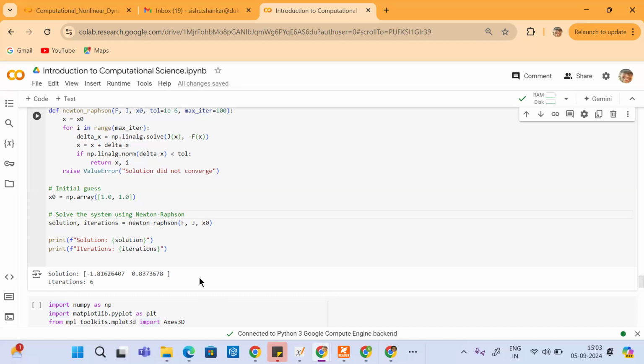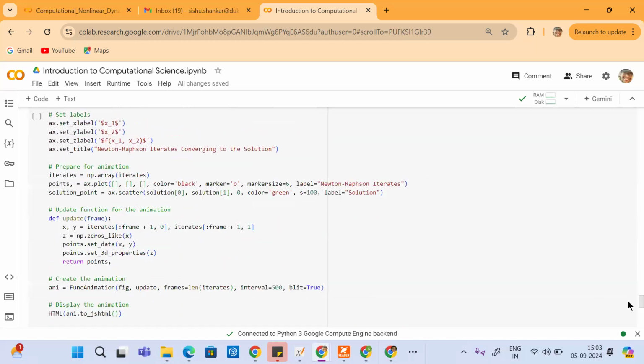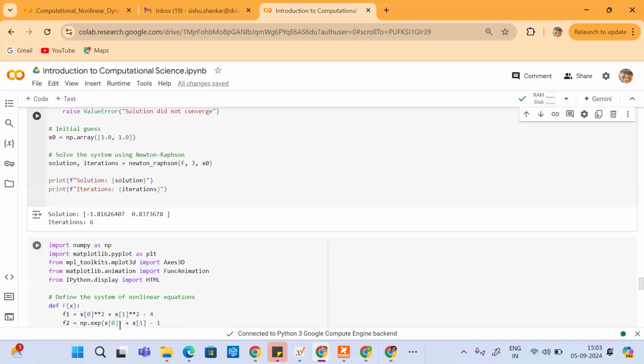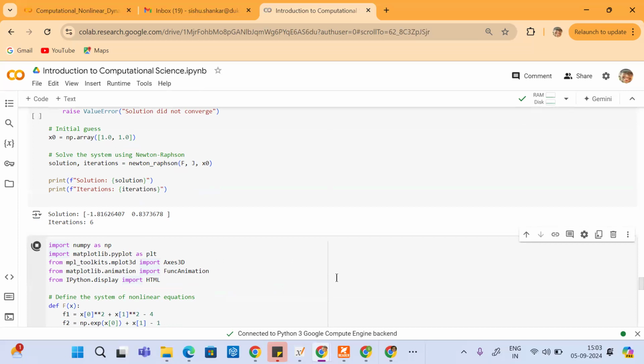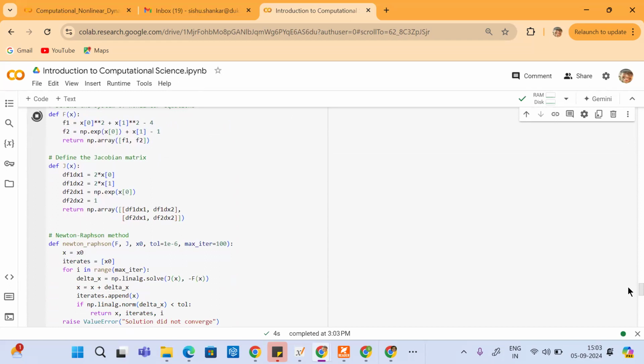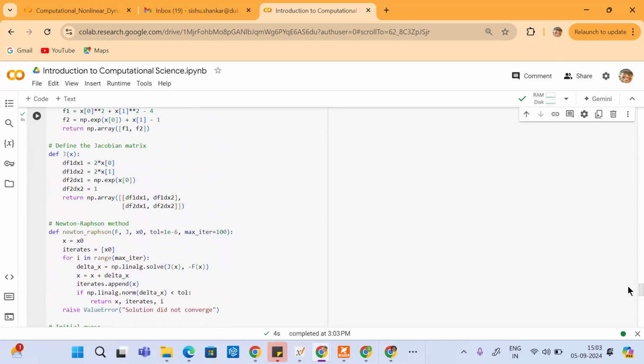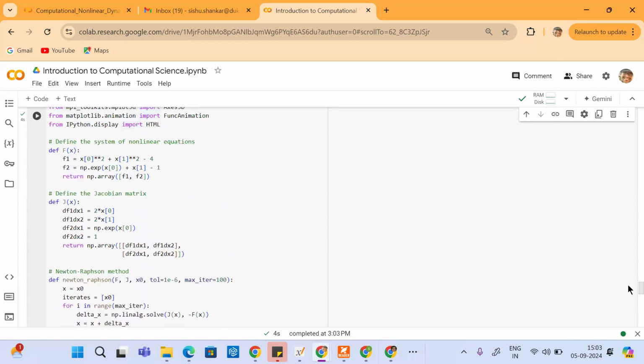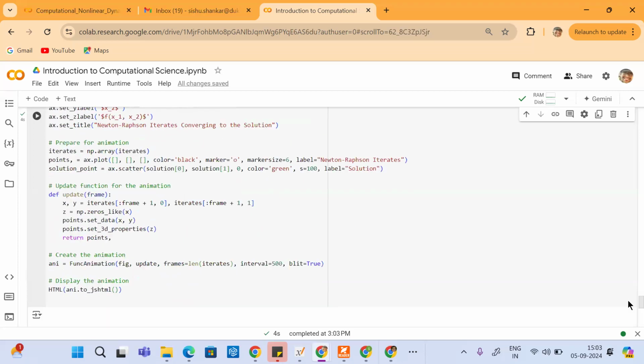Yeah. So let us see a visualization. Okay, so I think I have taken the same equation. But instead of just showing the value and the answer, I am showing some curves.